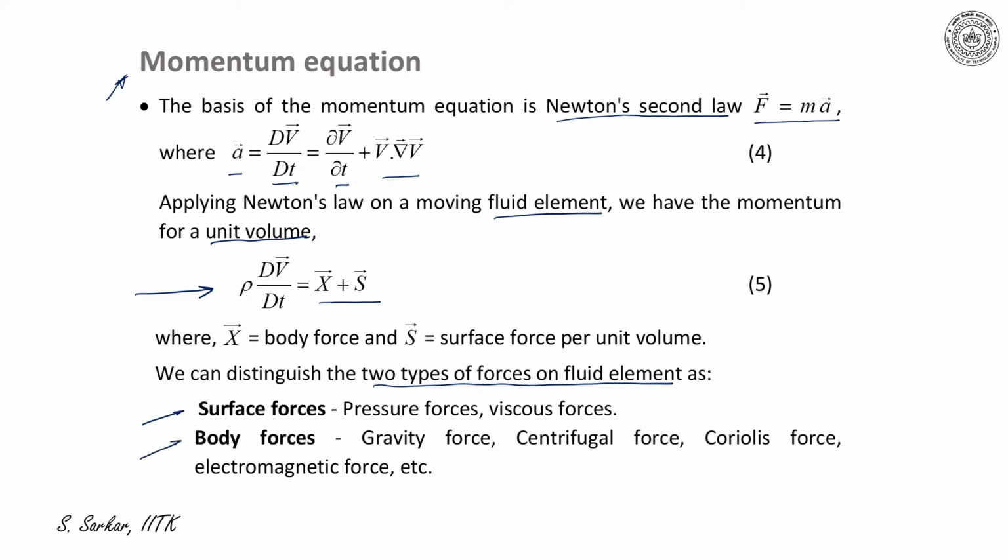The surface force can be considered as pressure force or viscous forces, and the body forces can be considered as gravity force, centrifugal force, Coriolis force, electromagnetic forces, and so on. Thus, from here, equation 5 gives us the momentum equation per unit volume.